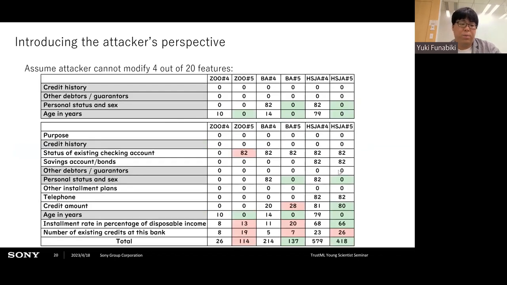In the last phase, we assume the attacker cannot modify 4 out of 20 features. So we assume that the attacker cannot modify specific columns, specific data. For example, they cannot modify the loan credit number, or they cannot modify the total of cost.